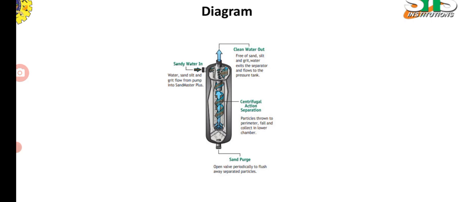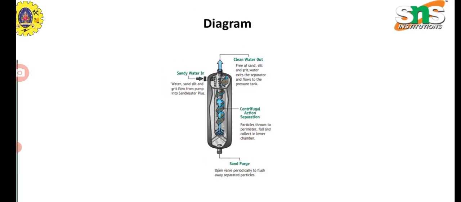After the centrifugal action force, the sand particles deposited in the outward part of the equipment get detached from the system, and we get the sand purge in the downward section. This is the whole operation of the centrifugal separator.